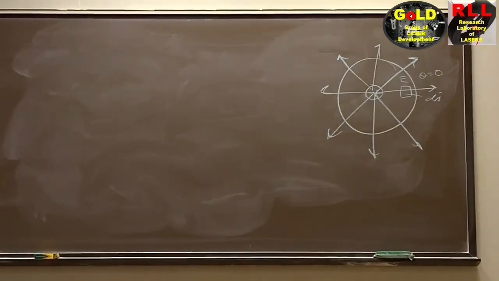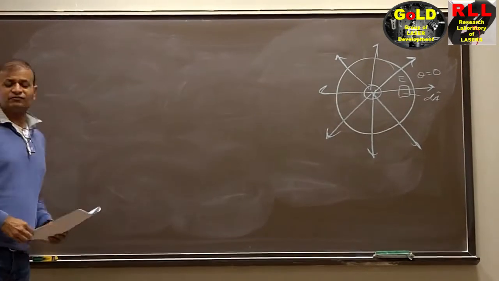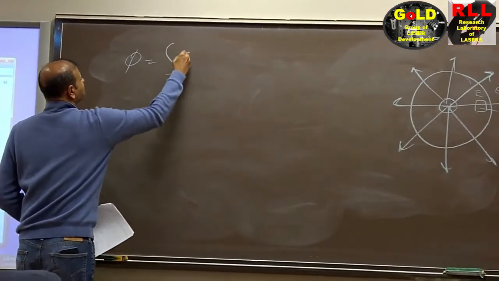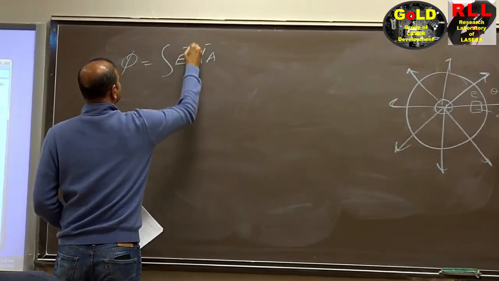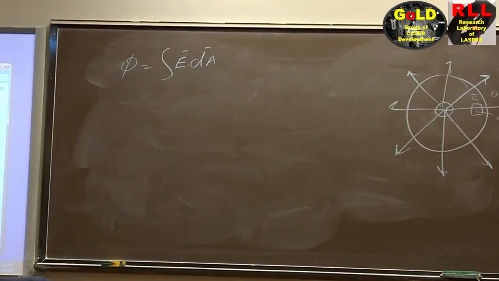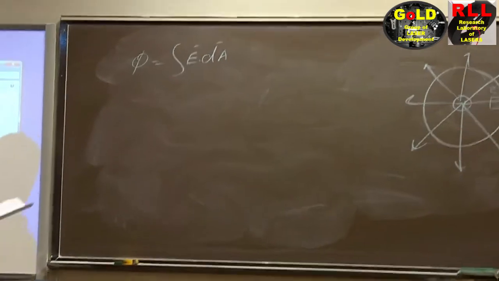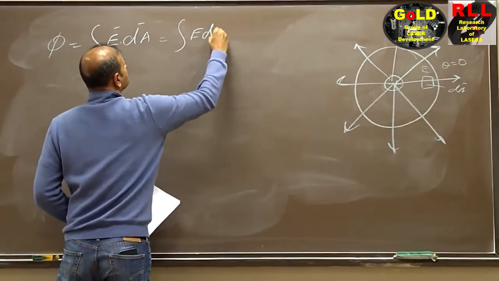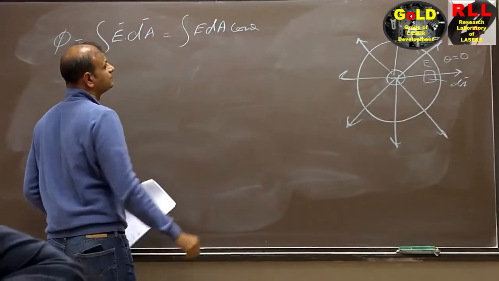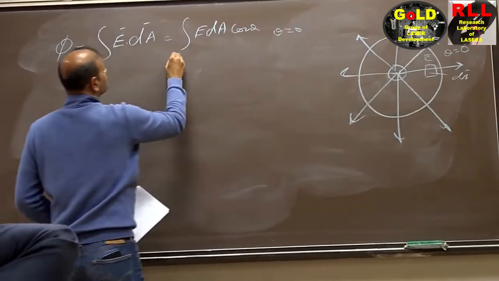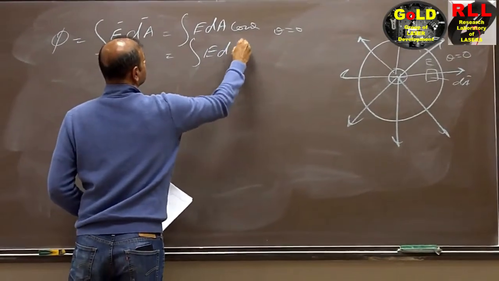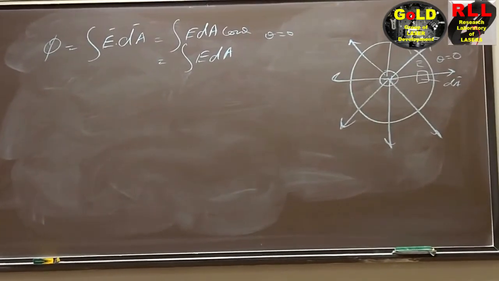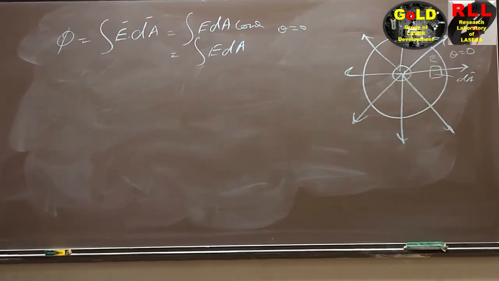Now, if you remember the formula, that phi is equal to this one, okay? So, cos theta and theta is 0, so it's obvious that it is E dA. Okay? E dA.